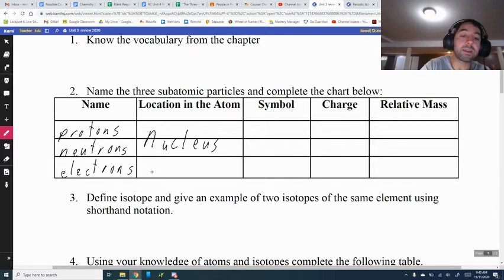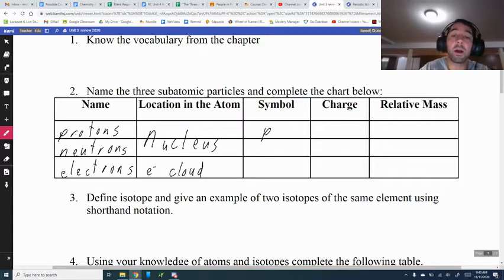The electrons are on the outside in the electron, we're just going to call that E minus cloud. Okay, symbol, this one really isn't a huge deal, but just so you guys know, it's P plus, N0, and E minus. Charge, easy one: protons are positive, neutrons are neutral, electrons are negative.